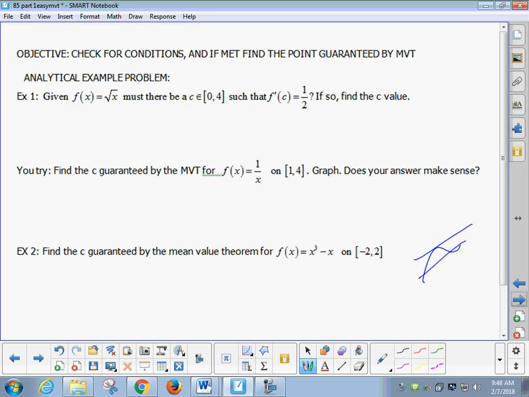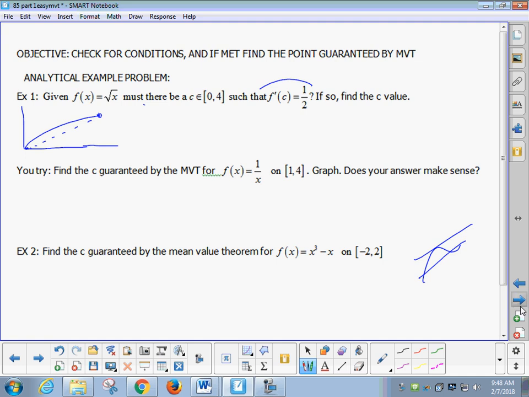This, though, is code. You've got the square root function. It looks like this on 0 to 4. And the question is, does there have to be a place where the derivative is 1/2? It feels like, must there be a place? I don't know where. Well, it's code for MBT.